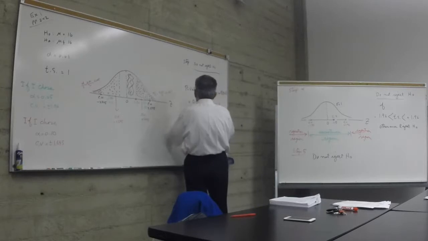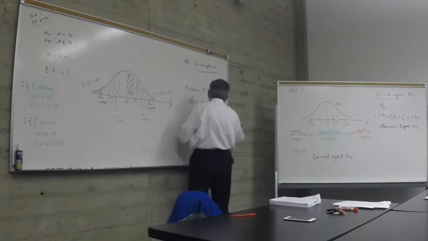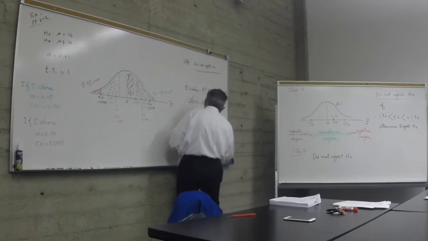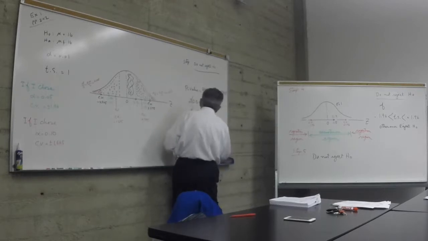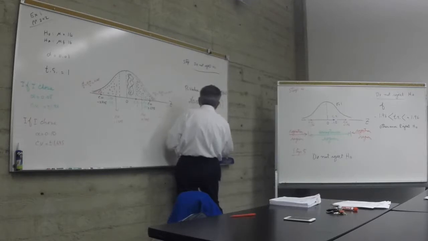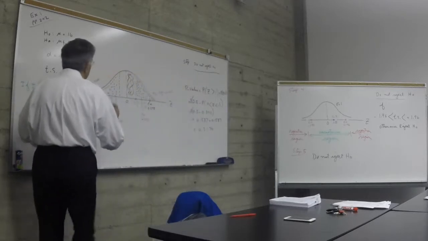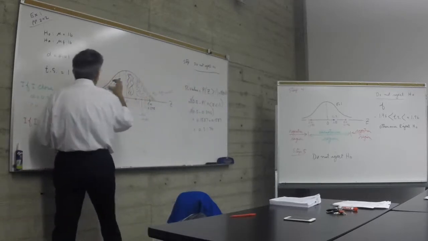Because it's perfectly symmetrical, it's going to be 2 times this, 2 times 0.1587, so the result is 0.3174, approximately 32%. So it's going to be this area plus this area.